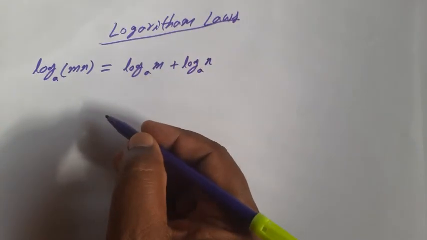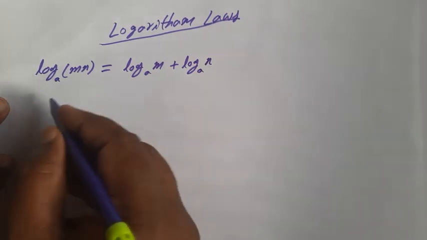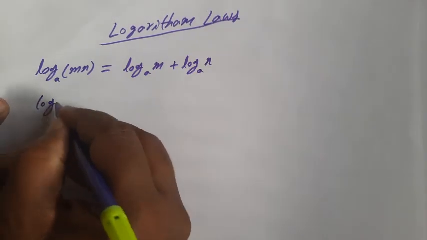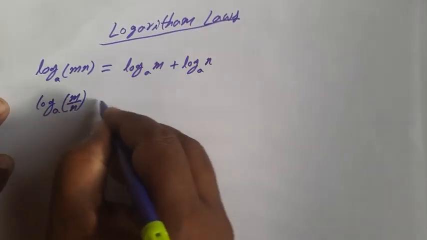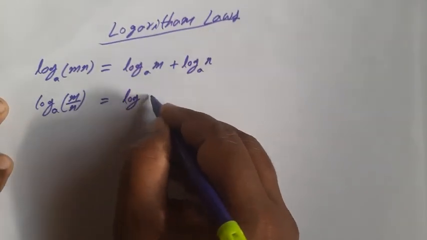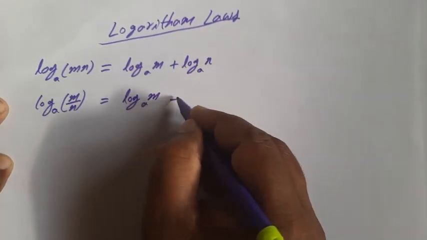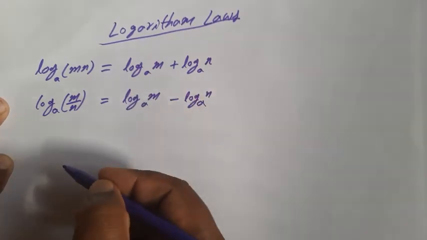These are the laws we are going to use in different problems. Log m by n base a will be minus: log m base a minus log n base a.